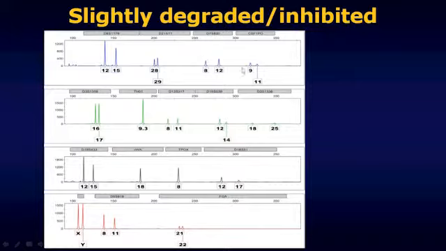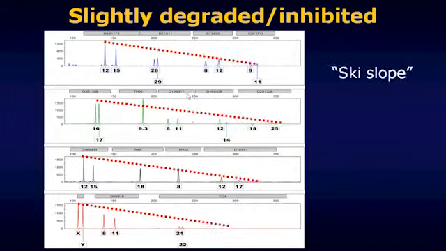Instead of drawing a flat straight line to show the heights of the peaks on these electropherograms, now when we draw that line, you get this slant. You get what's often referred to by DNA analysts as a ski slope, where the peaks on the left side of the electropherogram are taller as a rule than the peaks on the right-hand side.